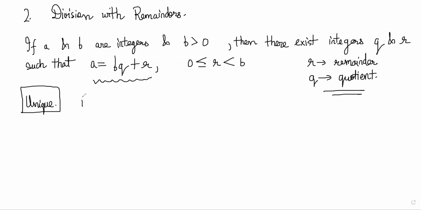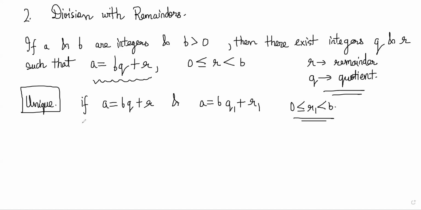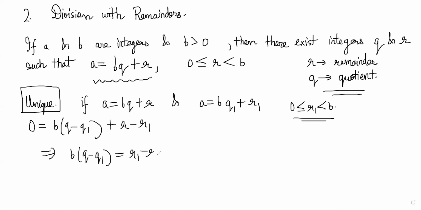We can say that if there are two ways to do this, for example, if a is equal to bq plus r and a is equal to bq1 plus r1, where q1 and r1 are two integers such that 0 is less than or equal to r1 is less than b also, then we can subtract these two equations and get 0 is equal to b(q minus q1) plus r minus r1, or that implies that b times (q minus q1) is equal to r1 minus r.